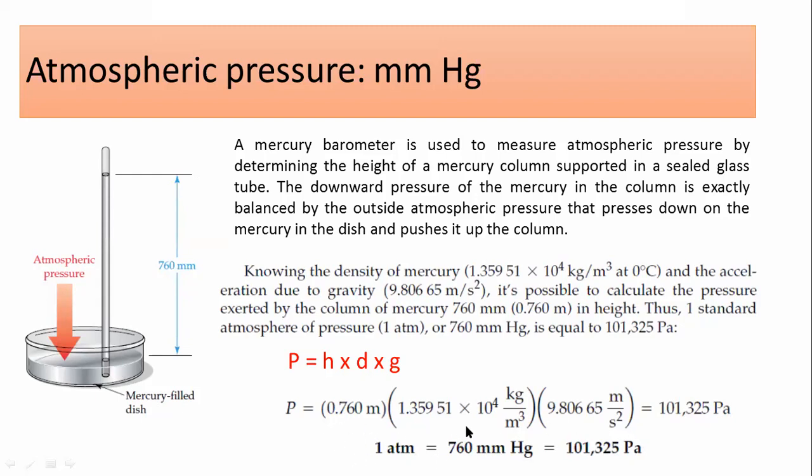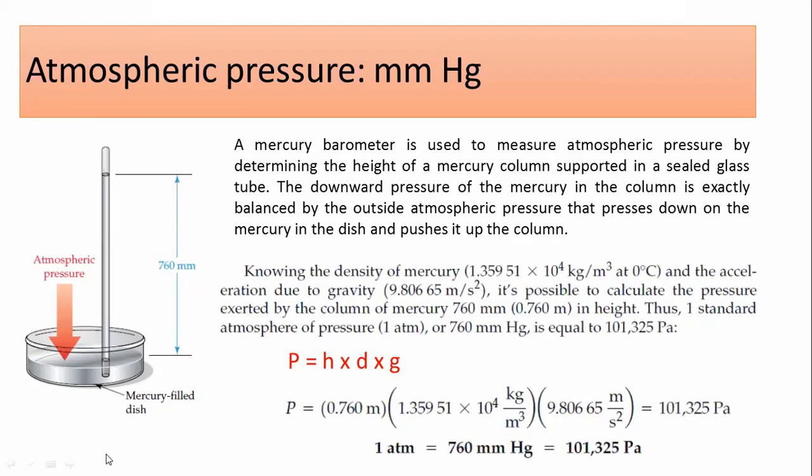Actually, this is not only the conversion from one unit to another unit, but I have proved to you how to get all these values by using the different terms. Now we are moving towards the exercise. Remember this one. This is the important conversion, and you can use it in a similar way.